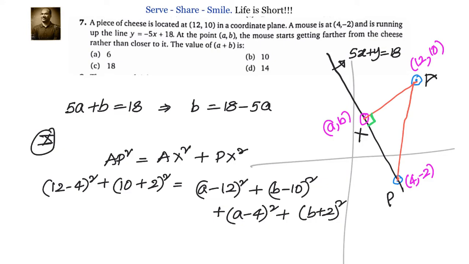Now wherever b is present, we can replace it with 18 - 5a, so that we get a quadratic equation in terms of a and solve for a.